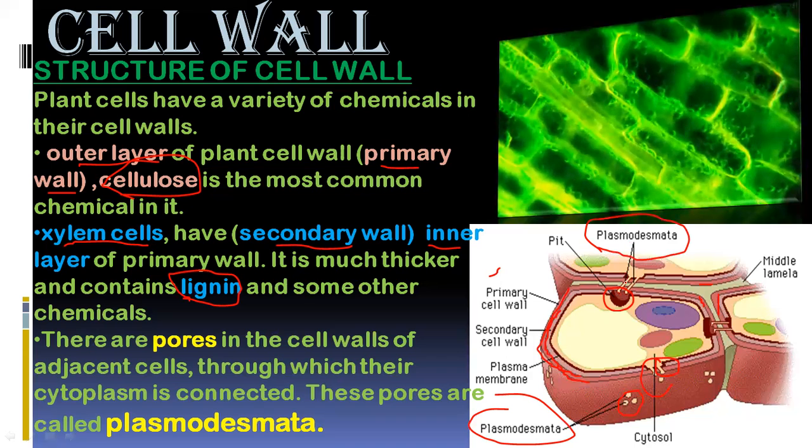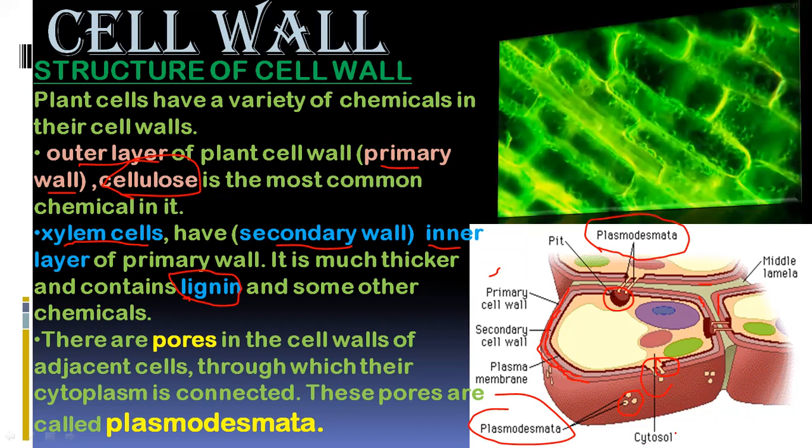So these are the connections or pores which make the connection between two cells to pass material from one cell to another. Water is also transported through xylem cells, as well as some materials can be transported from this cytoplasm to the other cells by these plasmodesmata. The material inside is also called cytoplasm, also called cytosol.